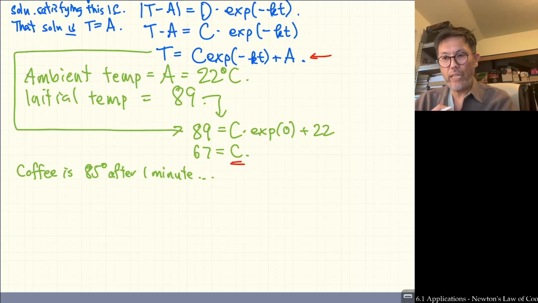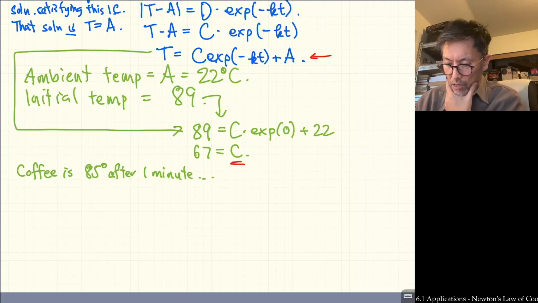What we haven't used yet is that the coffee is 85 degrees after 1 minute. So how can we use that? Hopefully this is relatively clear. We'll say that 85 is equal to T of 1.